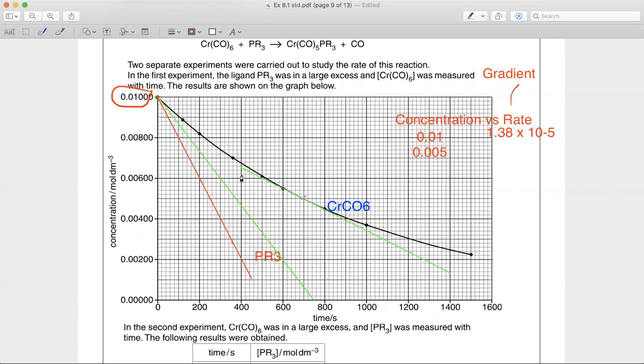0.006, 1, 2, 3. Minus 0.00120 over 400 minus 1,400.